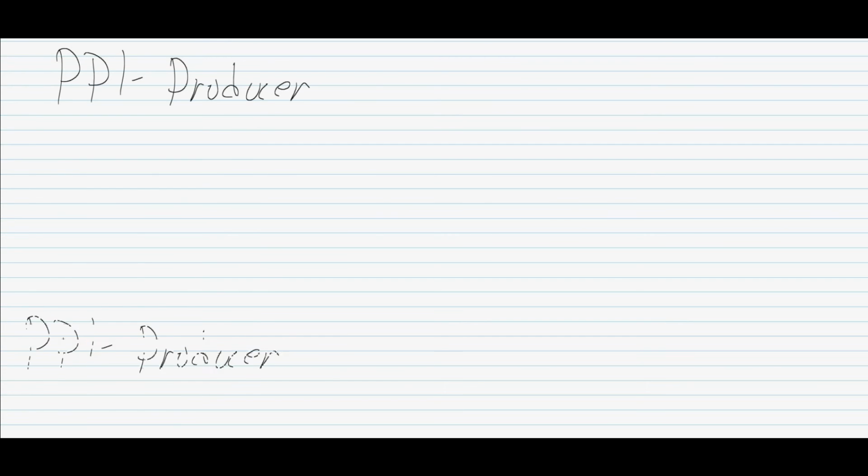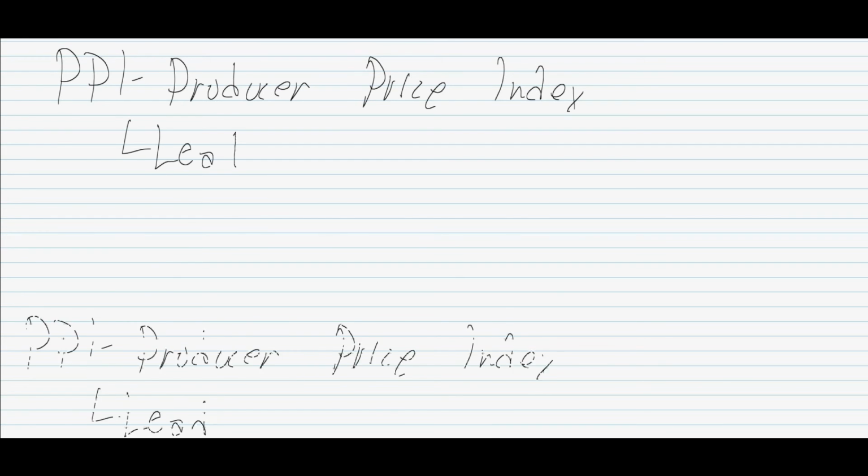Okay, next is the PPI, which is the Producer Price Index. This is called a leading indicator of inflation.